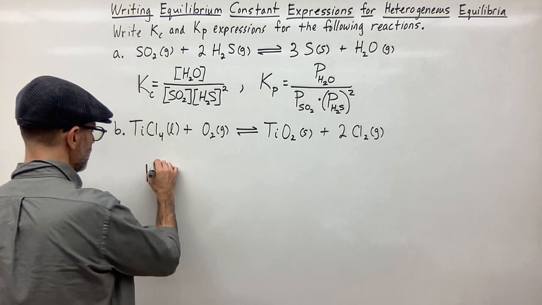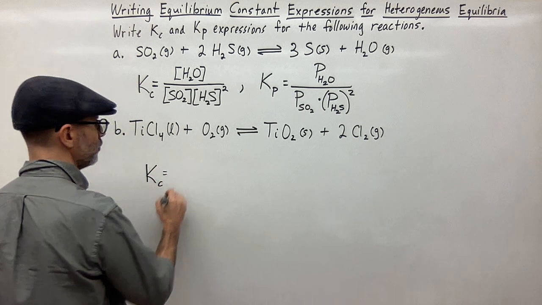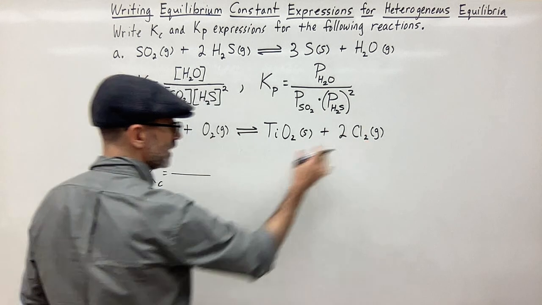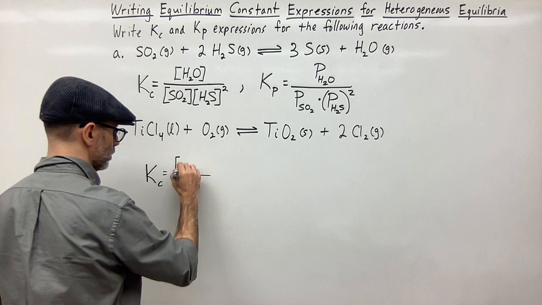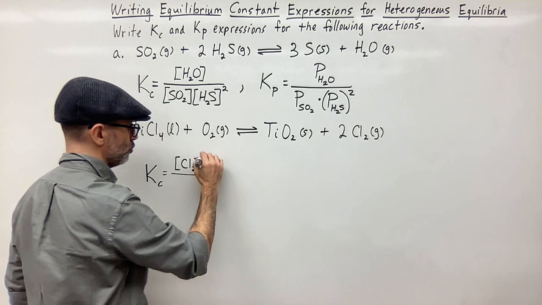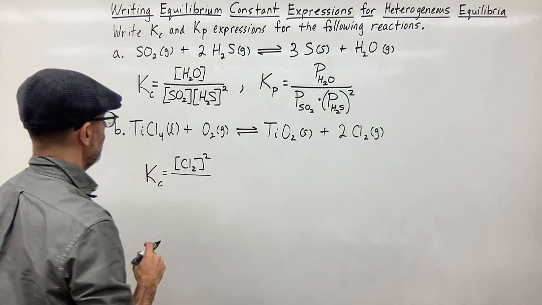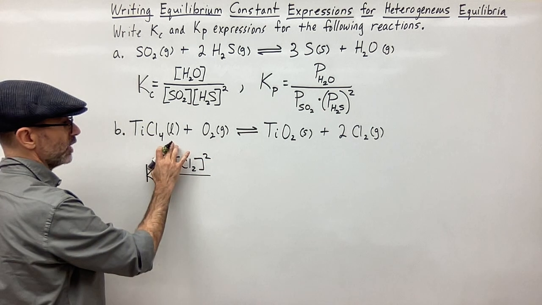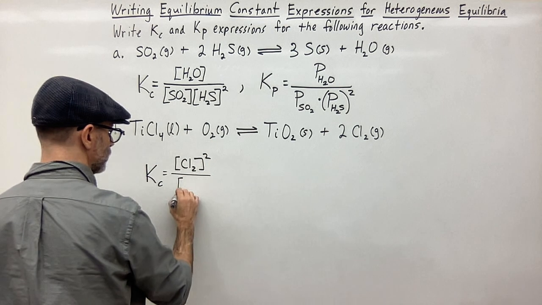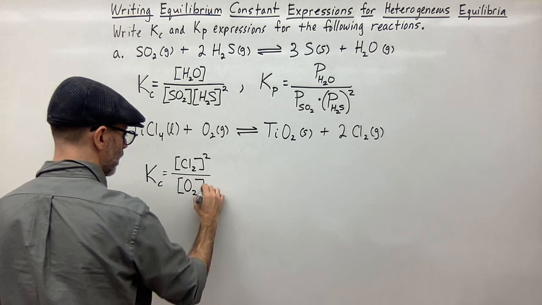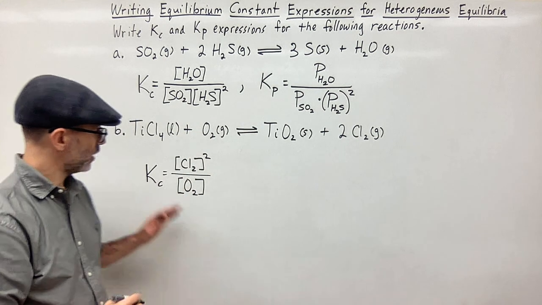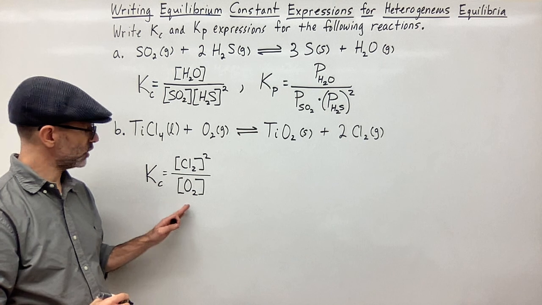So Kc in this case is going to be equal to the concentration of Cl2 raised to the power of 2 because it has a 2 coefficient. Since this is liquid, we're going to ignore it. So only oxygen is left. We're going to have the concentration of O2 on the bottom raised to the 1 power because it has a 1 coefficient. And so this, ladies and gentlemen, is the Kc expression.